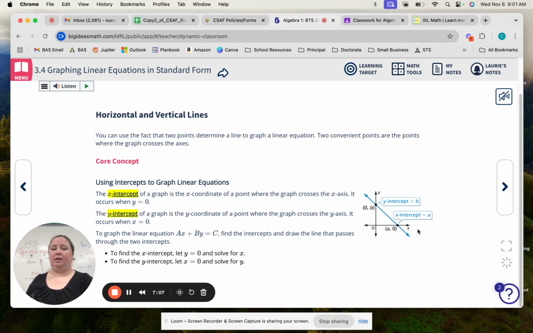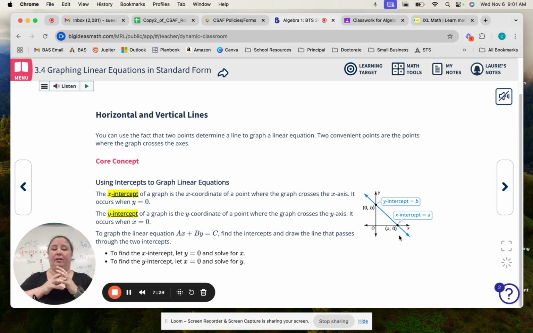So you can see this right here. If you want to draw this little picture, that might be interesting in your journal, like to have this as a quick reminder. Shows you where the x-intercept is. Whenever you hear that word intercept, think it's where it crosses that line. And the y-intercept, of course, is where it crosses the y-axis.